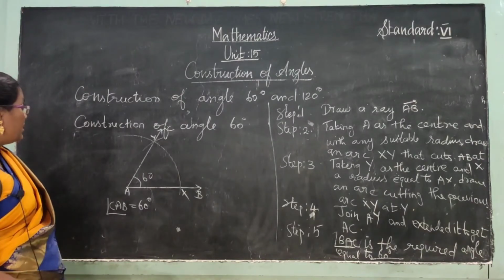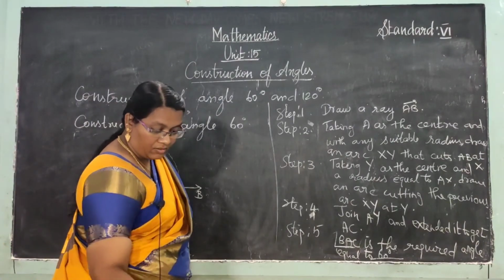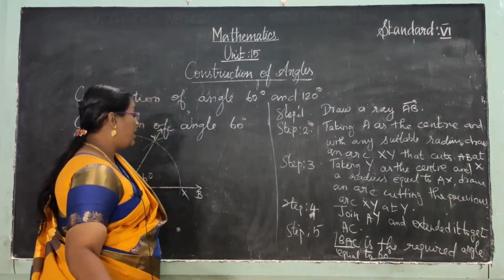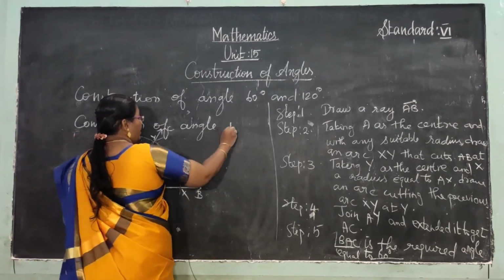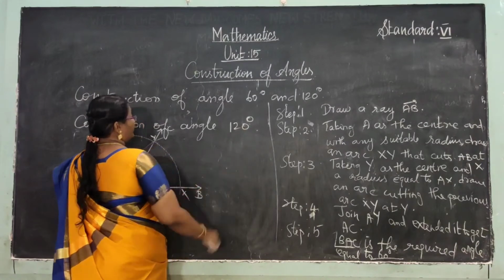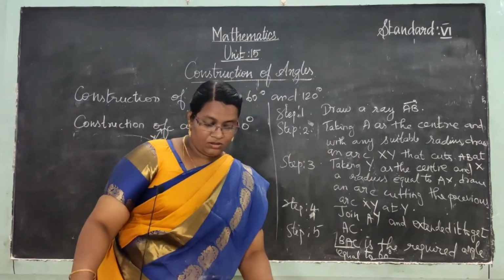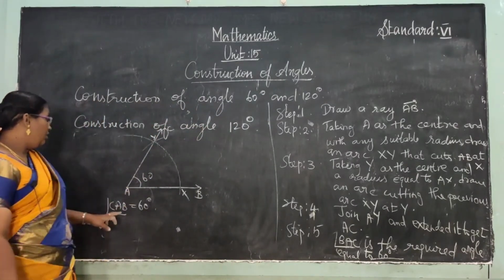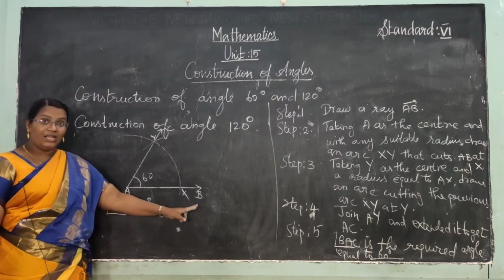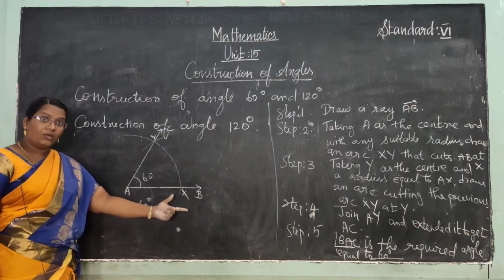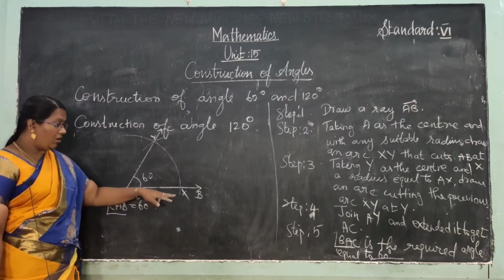Next we see the construction of angle 120 degree. The same procedure, with a small change only. You know how to construct the 60 degree. First draw the line AB. Then take any convenient radius at center A and draw an arc.